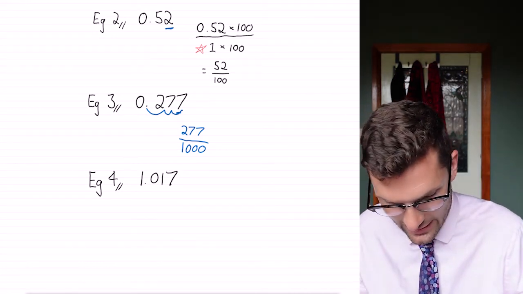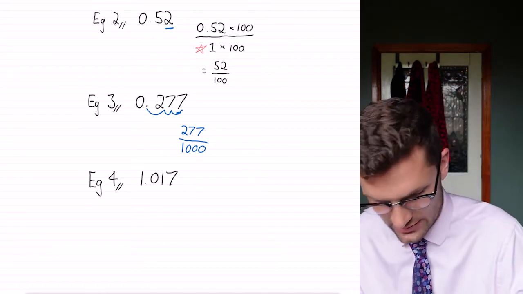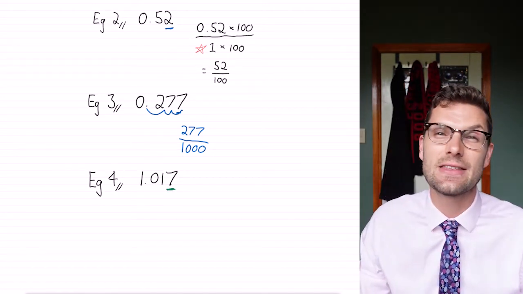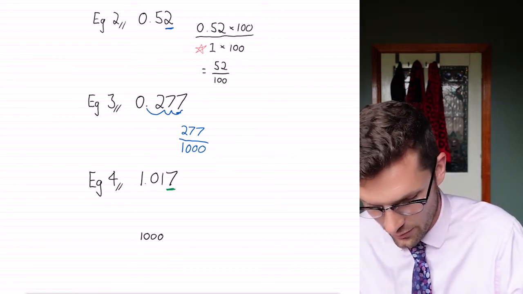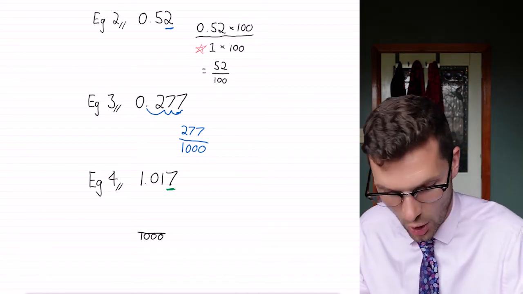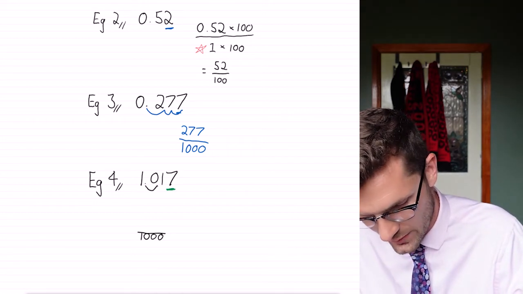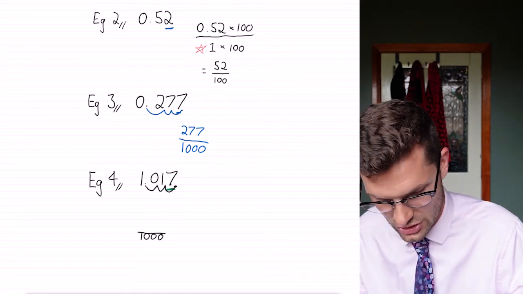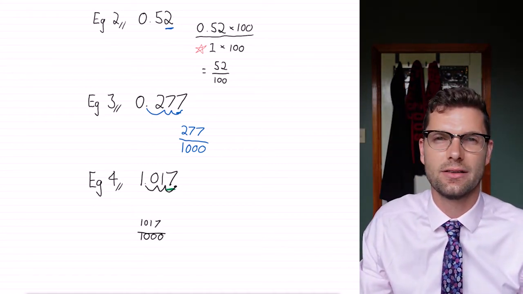Again, the skill is recognizing the position of the last decimal place. This 7 again is in the thousandths position, so we've got 1,000 at the bottom of our answer. The decimal place is moved 3 times, or this whole top bit is multiplied by 1,000. So the decimal moves back 1, 2, 3 positions till we get 1,017 over 1,000.